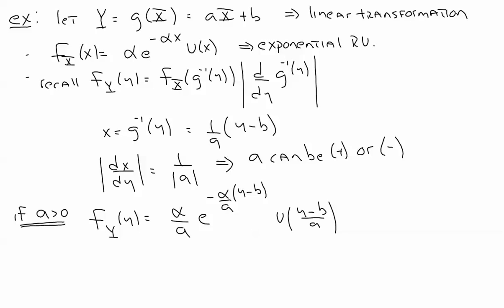Make sense? I'm going to rewrite this one more time. I'm going to say alpha over a e to the minus alpha over a times y minus b, times the step function of y minus b. Division by a positive constant in a step function doesn't matter.